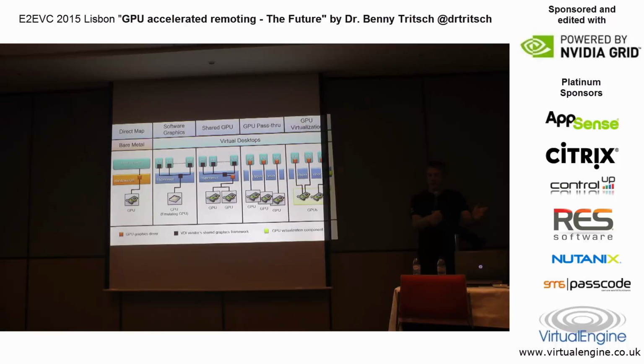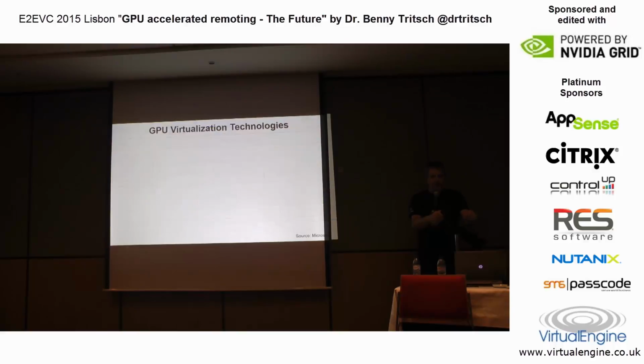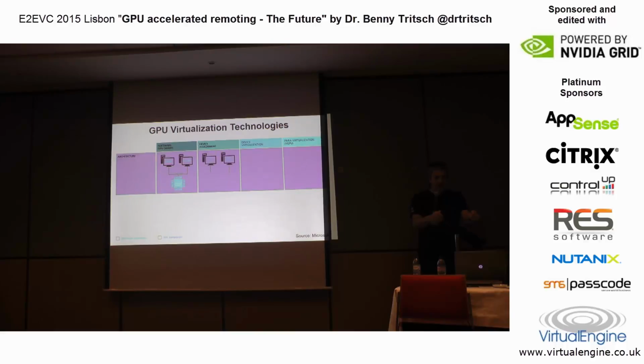GPU pass-through is clearly the most expensive way, because you assign one GPU or multiple GPUs to a VM. If we look at how Microsoft presents that, you see they are using pretty much the same segments, but giving them different names. The software side of things, and the device assignment, this is their word for pass-through.